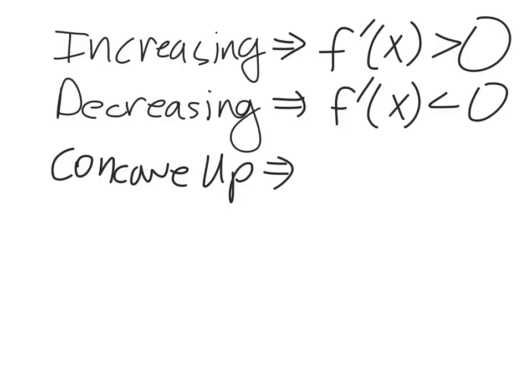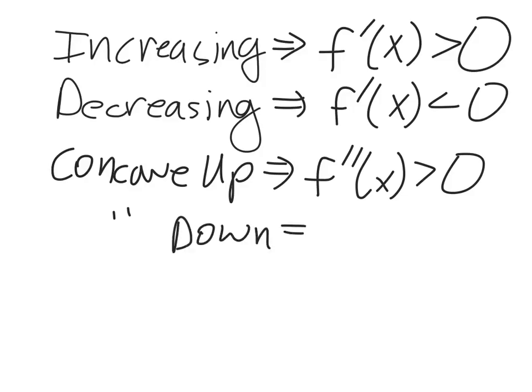Concave up curve would have second derivative being positive, and concave down is where the second derivative would be negative. And there's some of the problems we did. We graphed in great detail, find all the critical points, find intervals of increasing, decreasing, find where it's concave up, concave down, and then I would have you sketch the graph in detail.